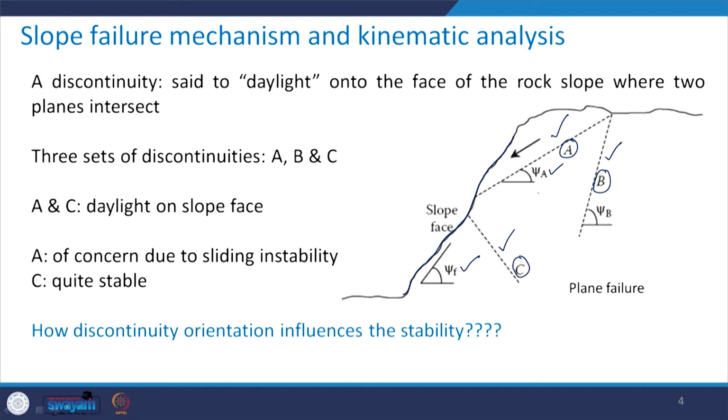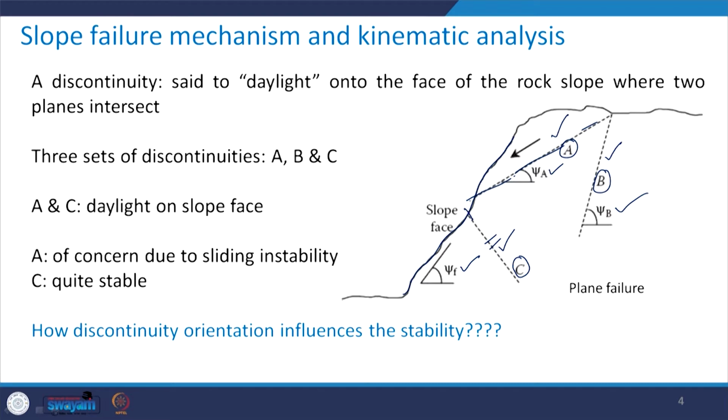Similarly, for the discontinuity set B, the dip is psi B. This discontinuity A, that is this dotted line, and the discontinuity C, that is this dotted line, they intersect the slope face here and here.